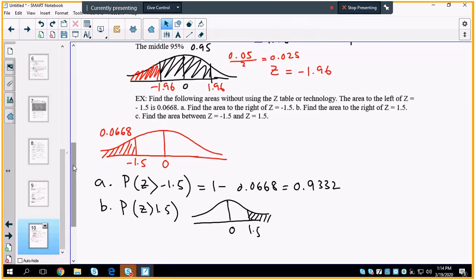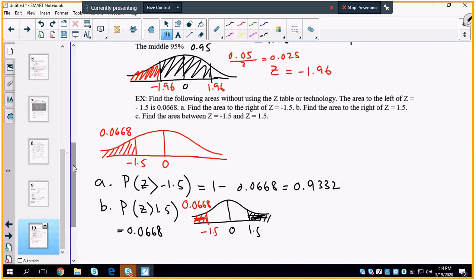You already know negative 1.5 has the area to the left of 0.0668. The graph is symmetric, so whatever this is on the left of negative 1.5 will be exactly equal to whatever the right is of 1.5. So I don't even have to do any work. This is 0.0668.